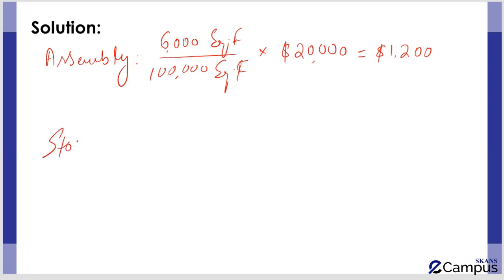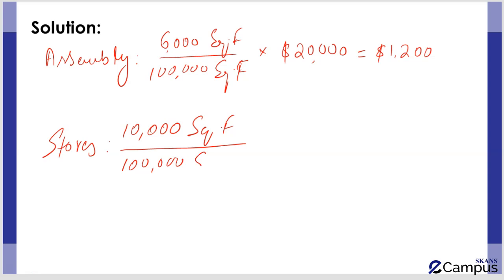Now for the stores department, stores consist of 10,000 square feet divided by total area 1 lakh square feet into 20,000. Stores share will be $2,000. So this is how the apportionment is done.